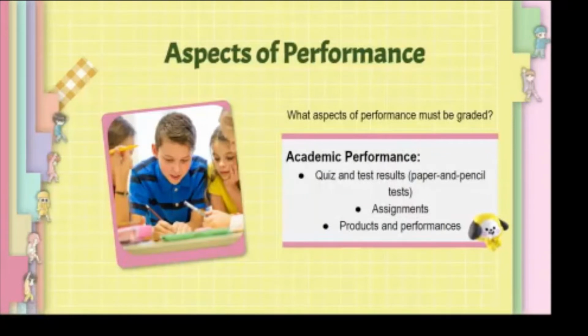An example for this is if one group of educators claim only academic performance must be graded, the educator might choose the quiz for the assessment, or the assignment, products, and performances.